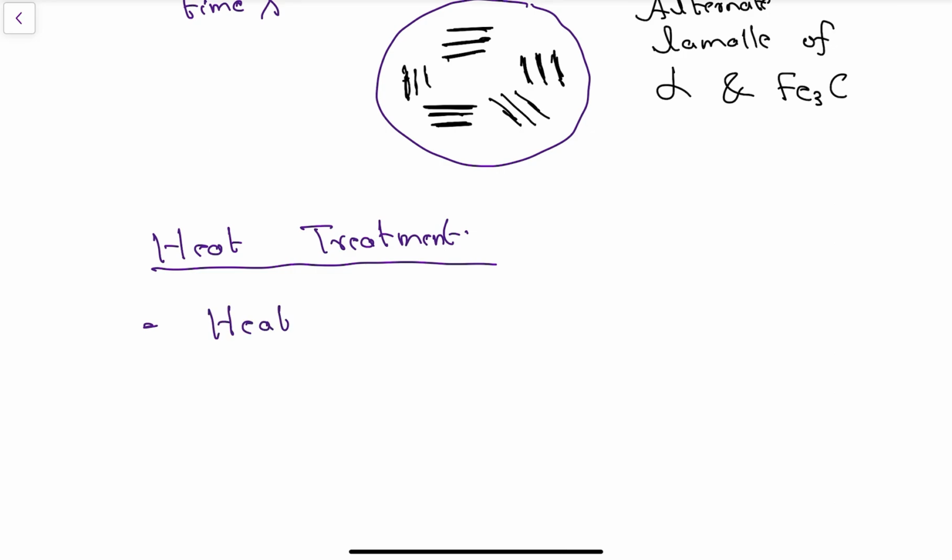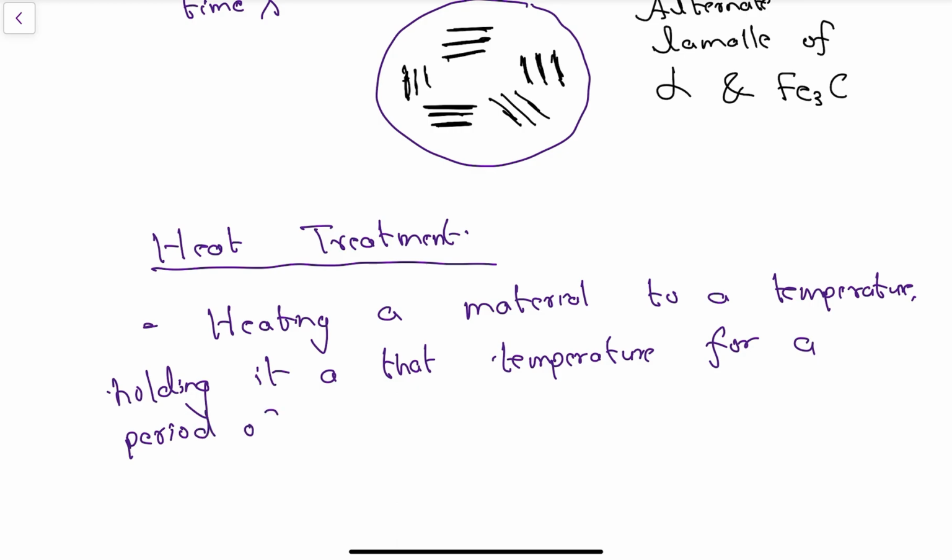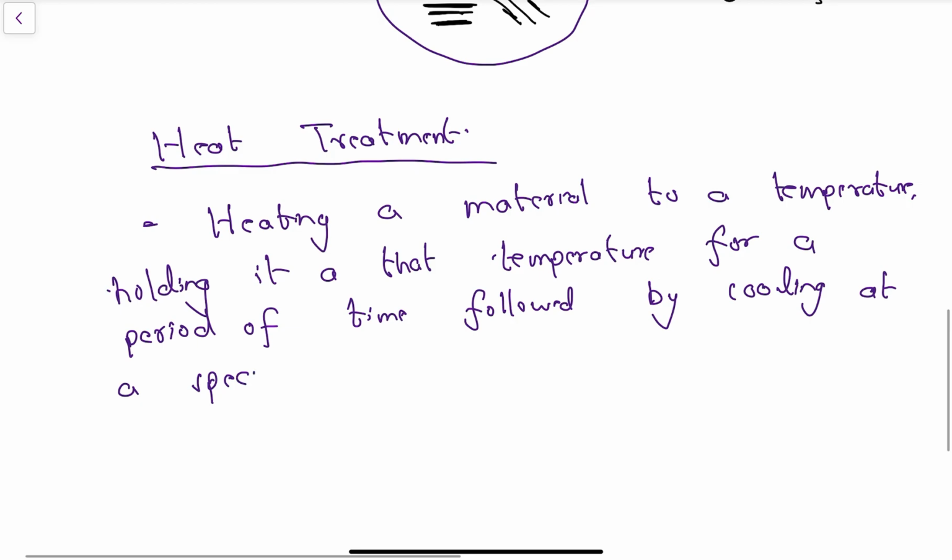Heat treatment basically is heating a material to a temperature, holding it at that temperature for a period of time, followed by cooling at a specified rate. This is called heat treatment.